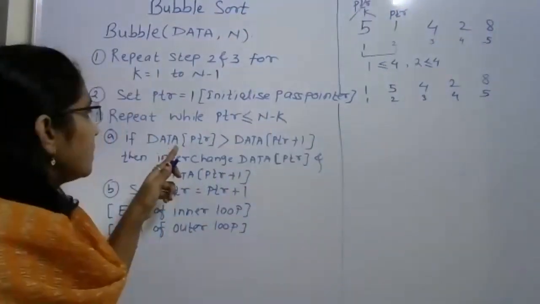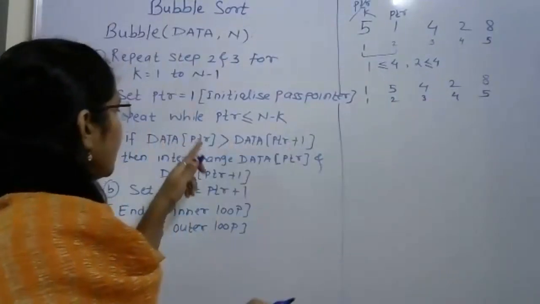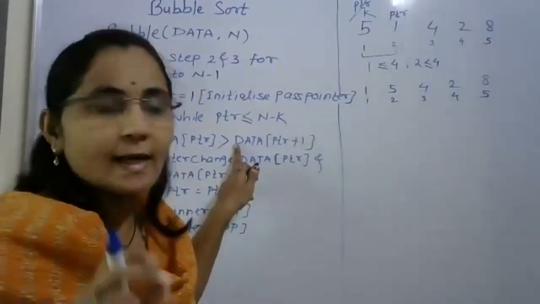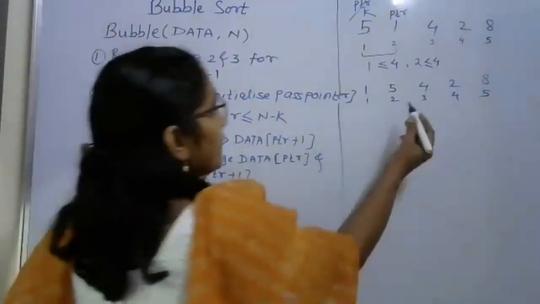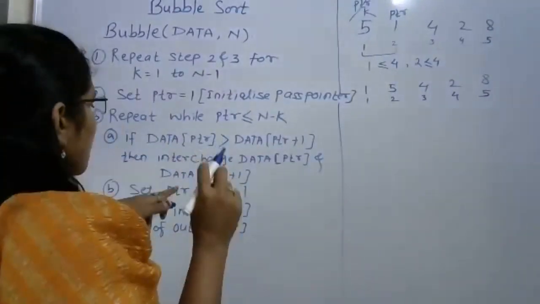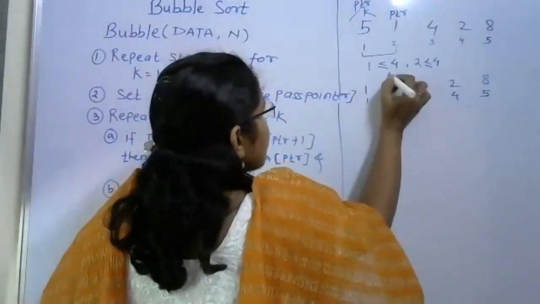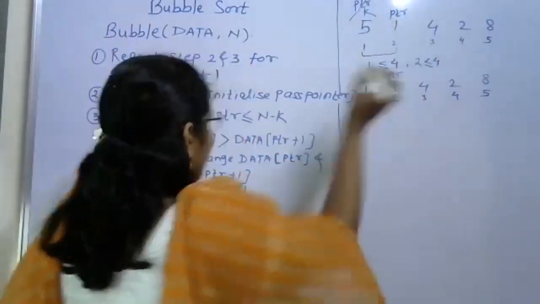Now you have to check whether data of PTR is greater than data of PTR plus 1. What is the value of data of PTR? Where is the PTR? See here. PTR equal to PTR plus 1 means your PTR is now at the second location.